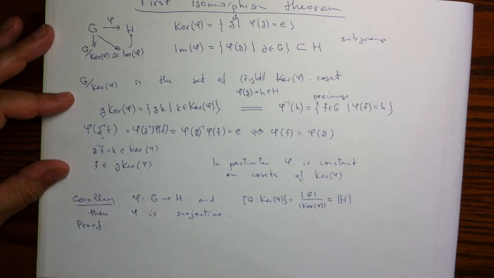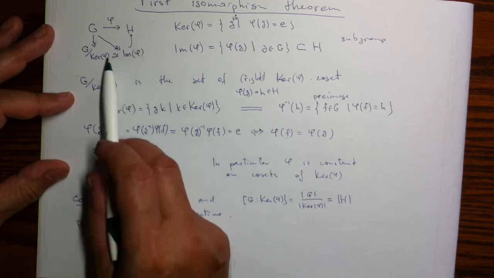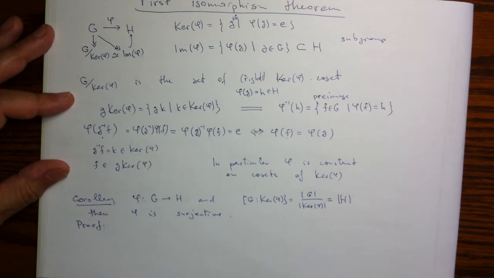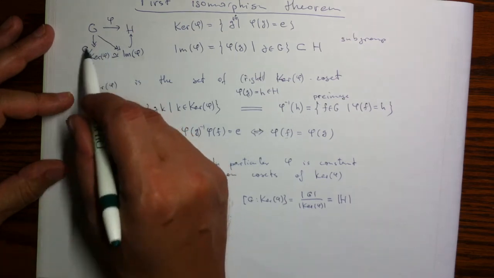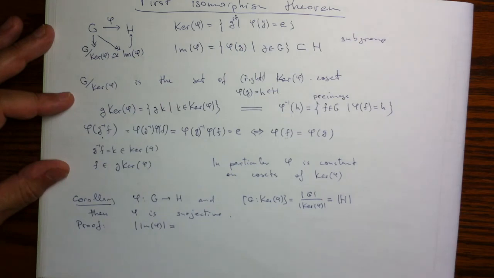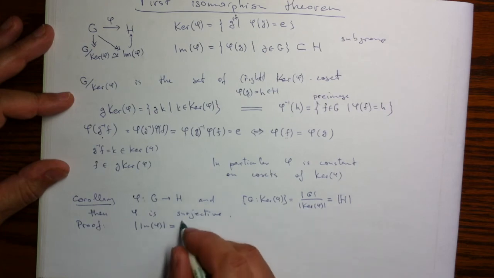Why? Well, simply because of this isomorphism. The order of the image by this isomorphism theorem is nothing but the order of this set. So the index, the number of cosets, the index of the kernel.